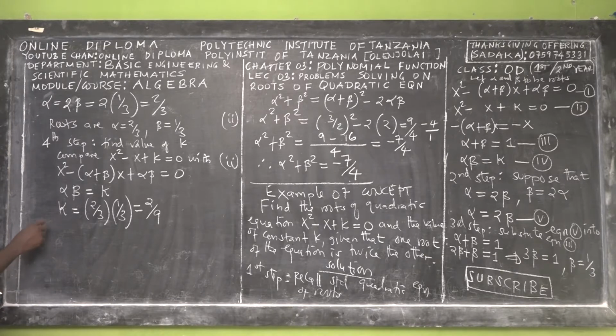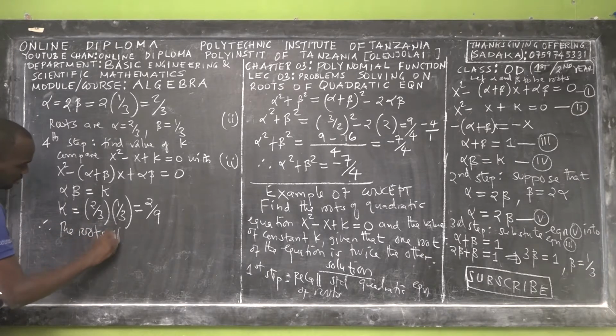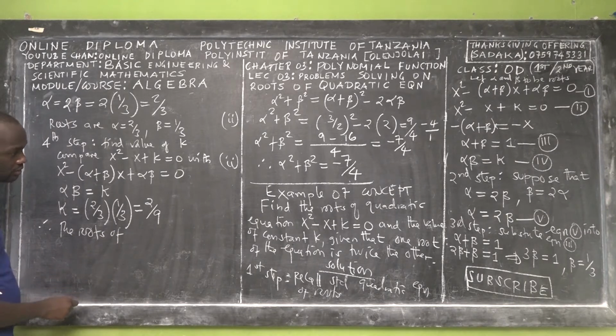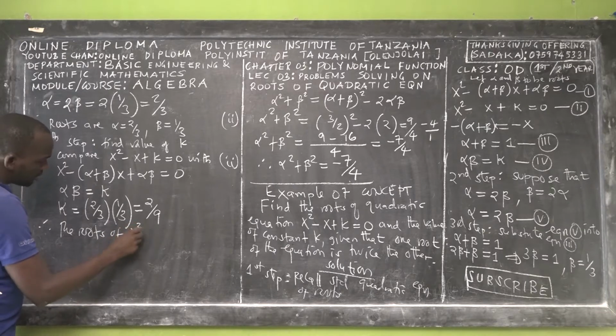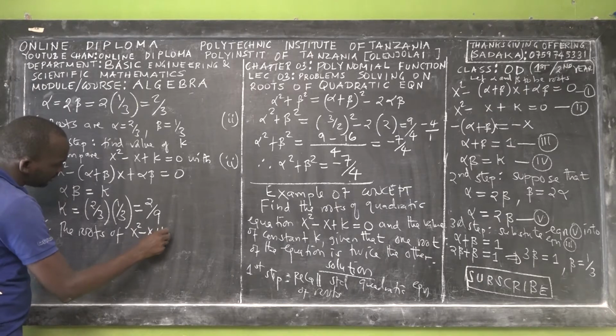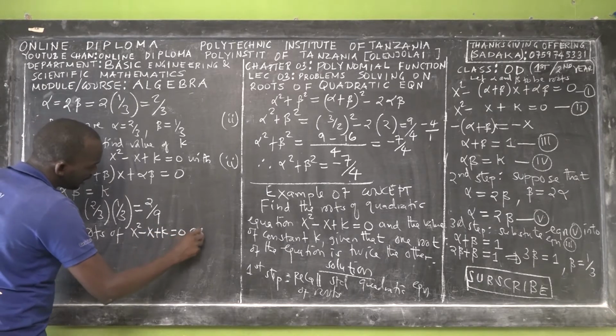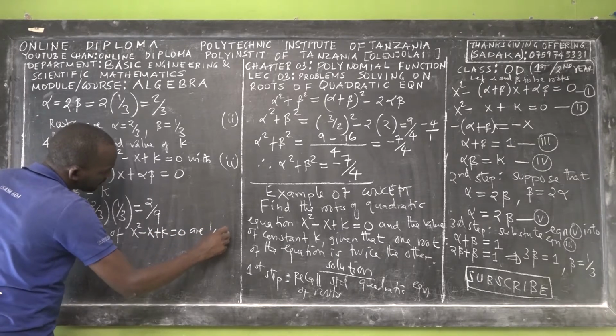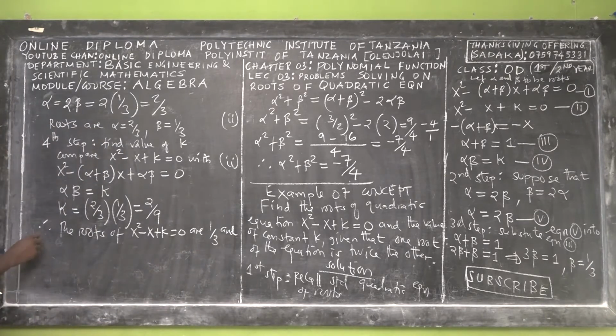So therefore, we say that the roots of the quadratic equation x squared minus x plus k is equal to 0 are 1/3 and 2/3. Okay?